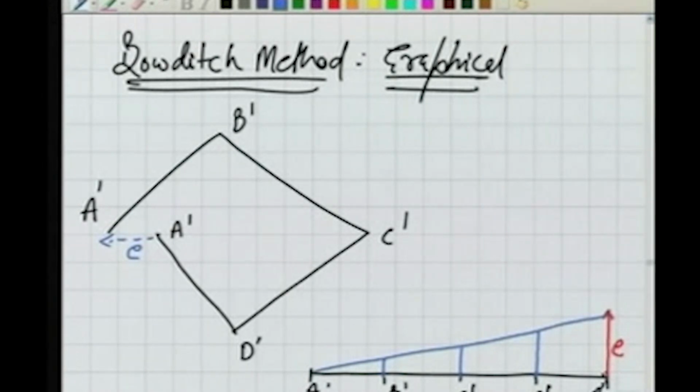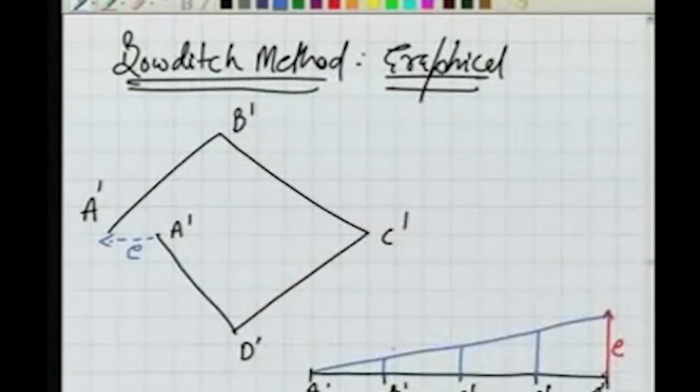Because the assumption here is we are applying the corrections in proportion to the length, at B dash, the point B should move by this amount, which we say, let us say E B, the error at B, because you can see just by similar triangles here, it is a simple linear rule.